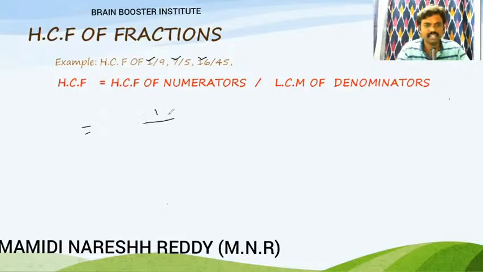You can check: 7 minus 1 is 6, 16 minus 7 is 9, and 16 minus 1 is 15. The smallest difference is 6.